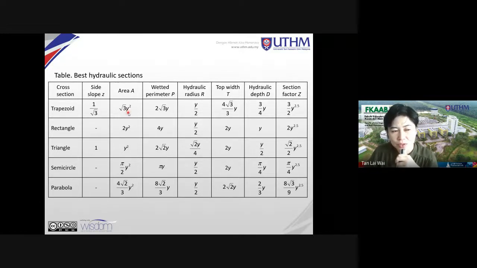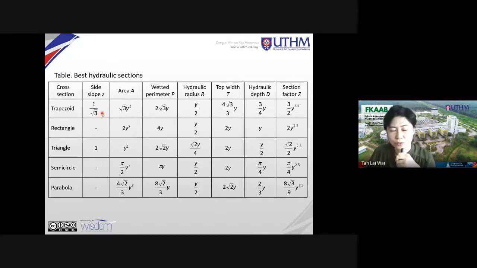When you substitute into the area and P, it will give you this value, square root 3 y squared, 2 over square root 3 y. You can use this formula when the question does not give you any side slope Z. That means you can choose your side slope.